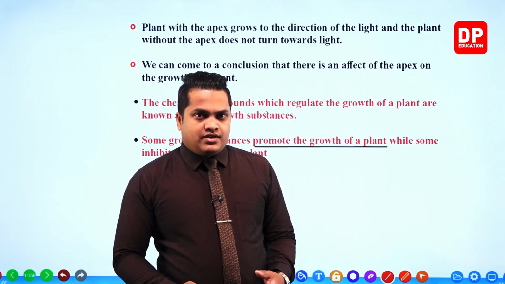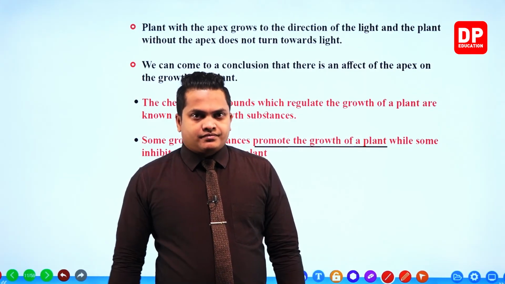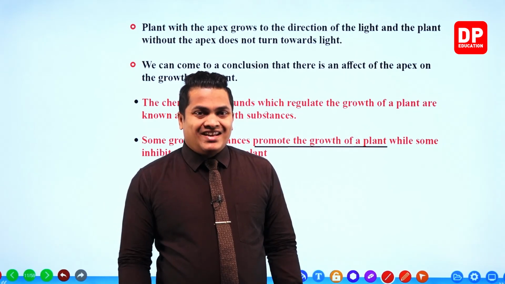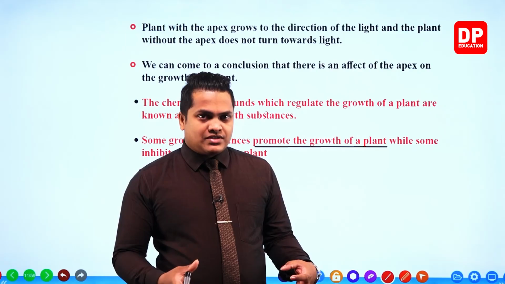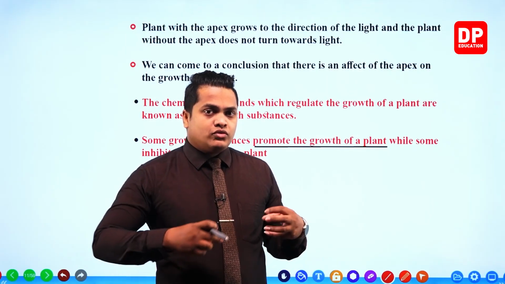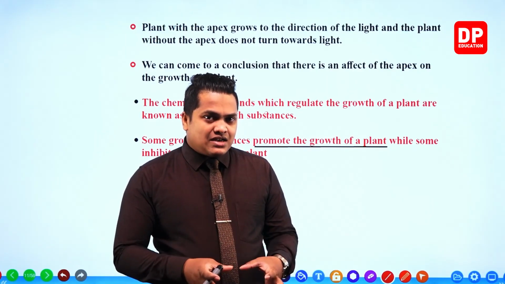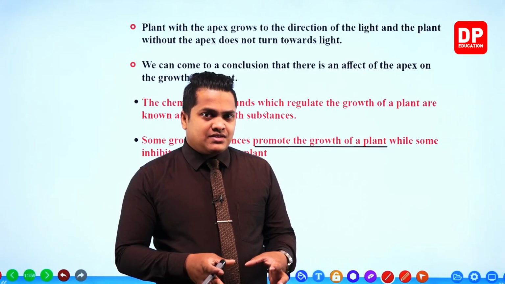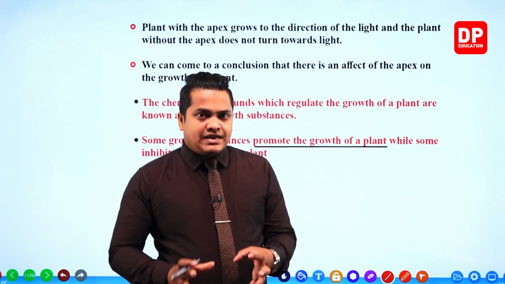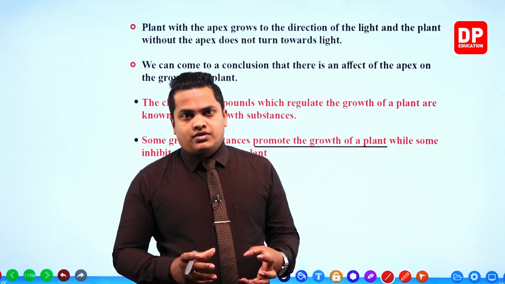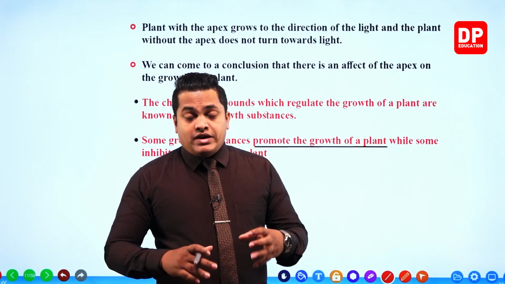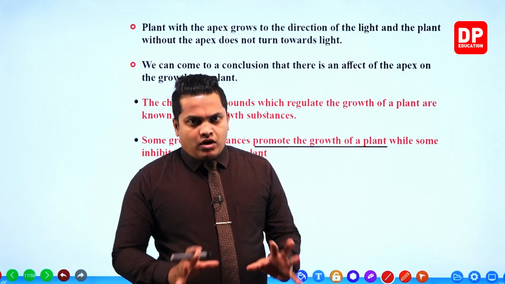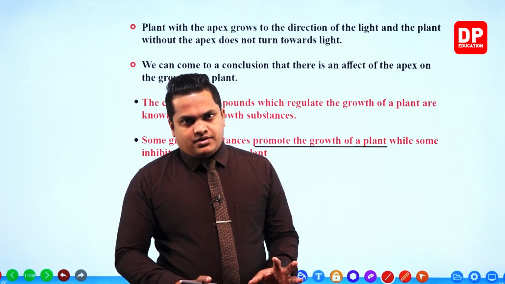Inhibiting means avoiding or decelerating, decreasing. So there are some growth substances that can promote the growth, and some that can decrease or inhibit the growth, but only in certain parts, my dear children, not all.